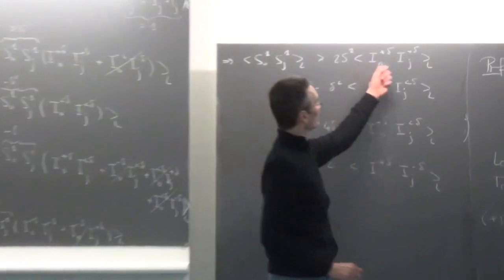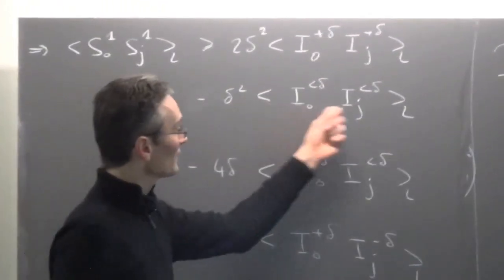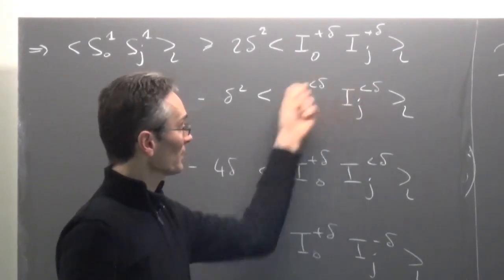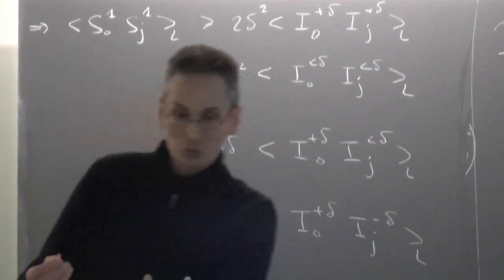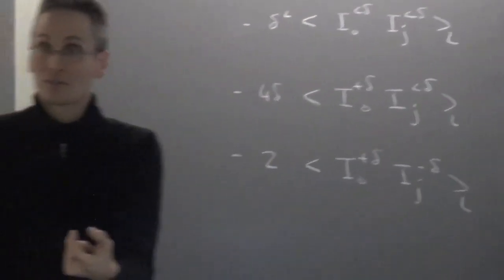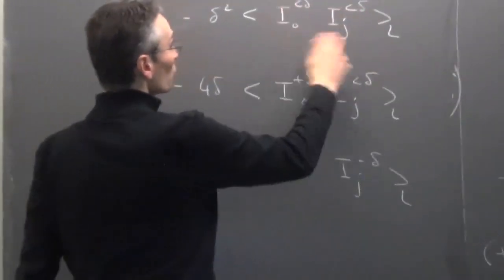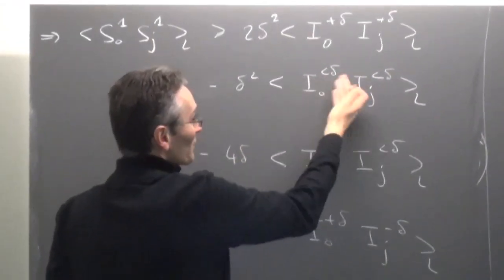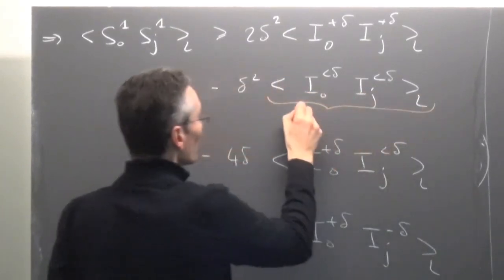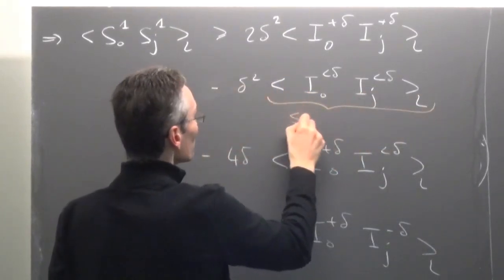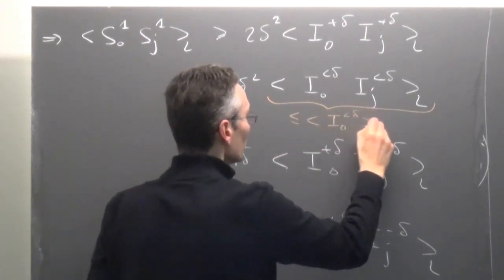We'll see what we can say about this guy in a minute, but what do we expect? We expect that this expectation should be small because it's unlikely for any spin to have a first component which is small when beta is large, because it's better energetically to have a large first component. So we expect that this is small because both terms are small. In particular, it should be enough to keep just one of them. So let me say that this is certainly smaller than I0 smaller than delta.